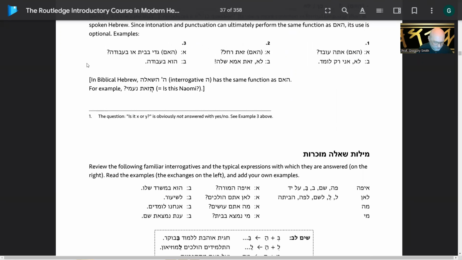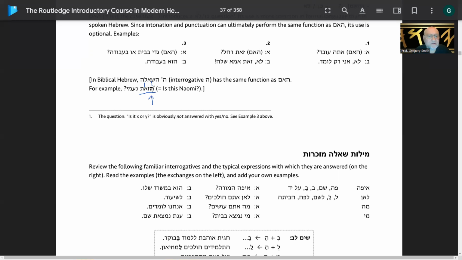That's right. And then we have, for example, is this Naomi? Hazot Naomi. So it's like the question hey, hazot. So it's almost like, is this.